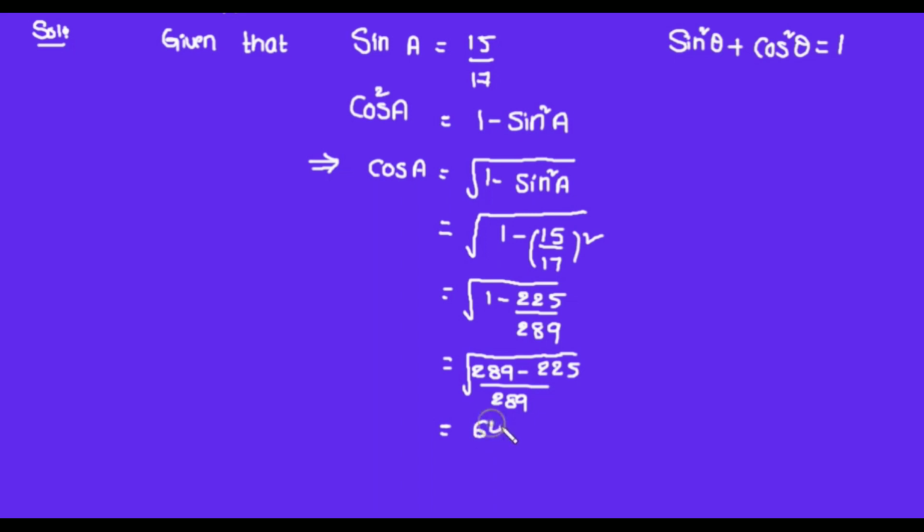That is equal to square root of 64 by 289. We know that square root of 64 is 8 and square root of 289 is 17. So cos A is equal to 8 by 17.